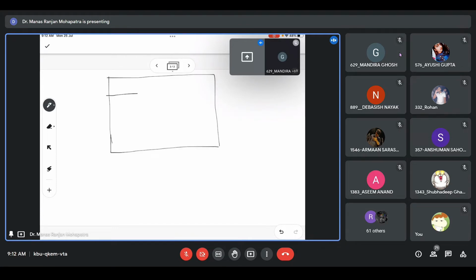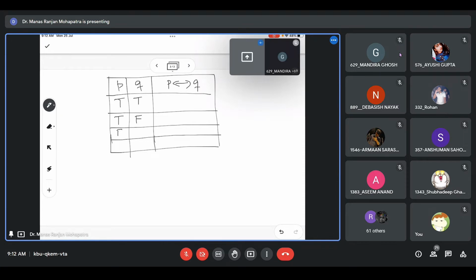If you look at the truth table of the biconditional, suppose we have two propositions P, Q, and this is for P double implication Q. Here it is P, Q, and this. And we have four choices for that: true, true; true, false; false, true; false, false, right?